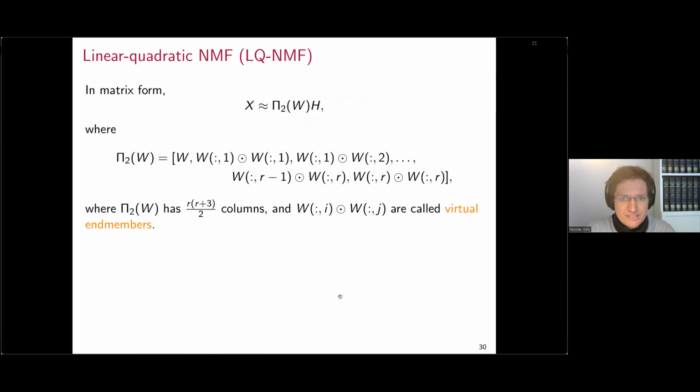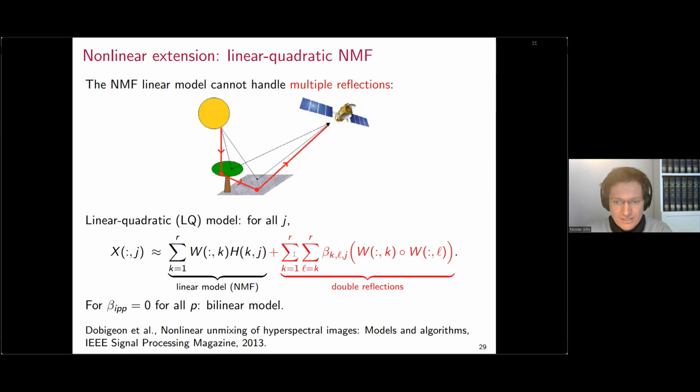One way you can represent this model is again as a linear model, where you have this P2W matrix here that contains the columns of W plus all the componentwise products. So it's just another way to represent the same model in a more compact way. You put all these columns together, and then all the weights together.